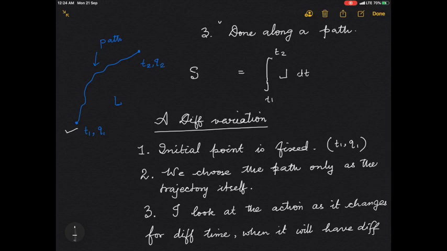So what we are saying is that the initial point is fixed here. Then we are moving along this path only, and we are looking at the action at different times, where because it's on the trajectory, the q2s are all different.